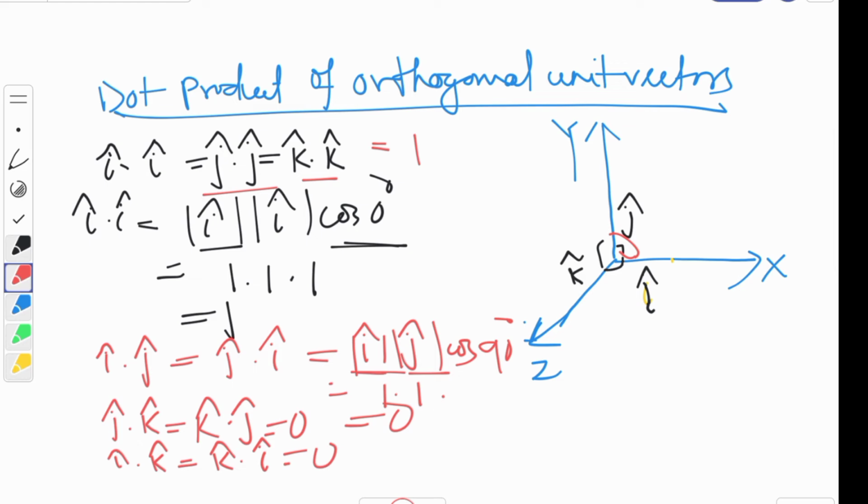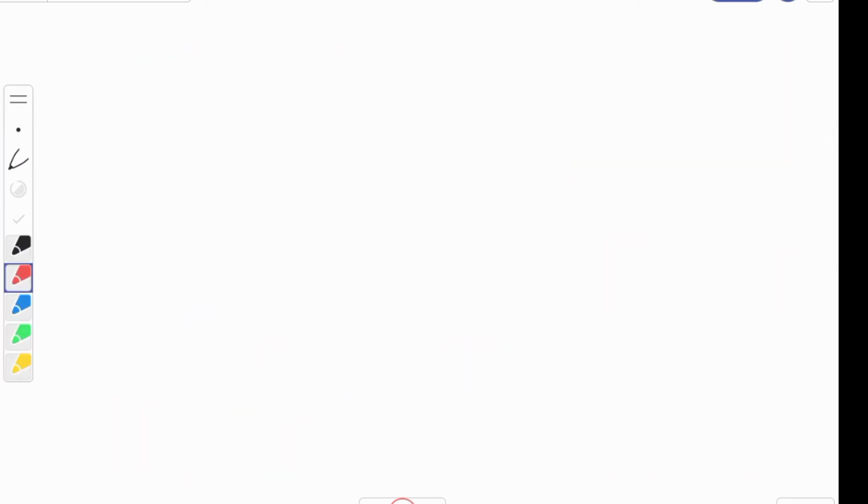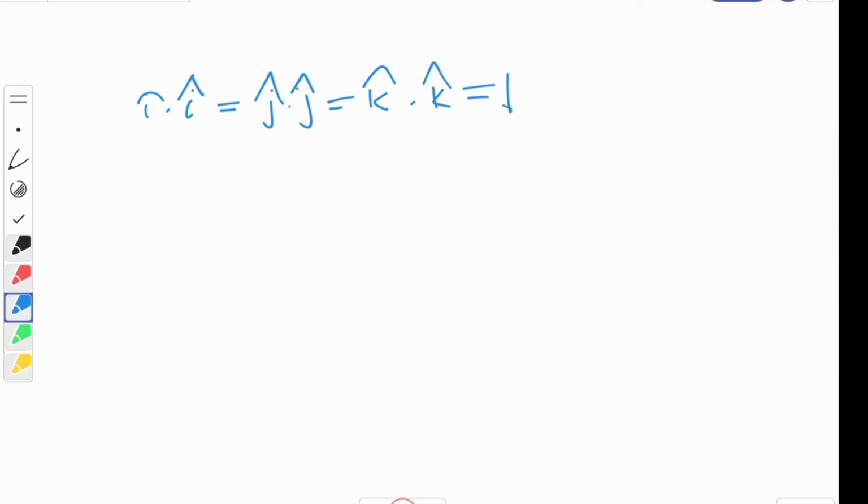Okay, we'll summarize what we have studied just now. I cap dot I cap, j cap dot j cap, k cap dot k cap is equal to 1.